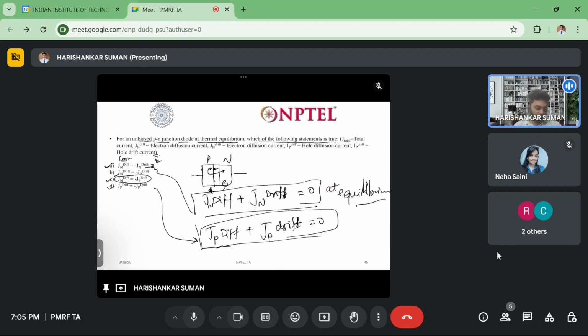Diffusion and drift current are equal at equilibrium.